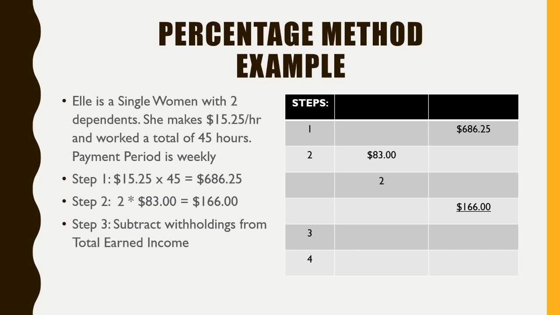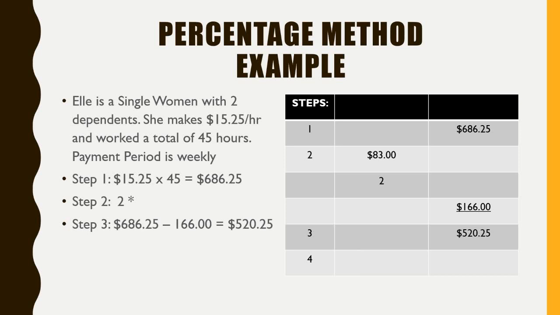Subtract my 166. It's going to be 520.25. This is what I'm going to be using to look in the Circular E form to find which percentage I belong to.